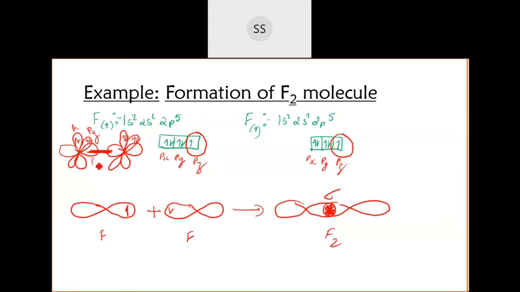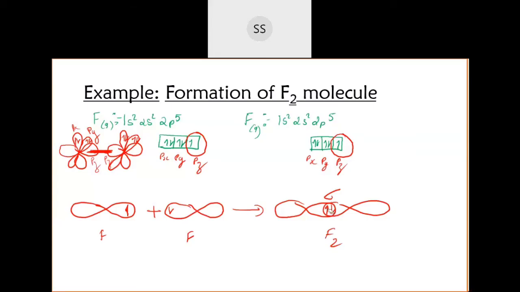This is the pz and pz orbital which we are able to get on the axis. See, I have put the electron sign here. You can put it, or you can shade it, that's fine, no problem. You just show the overlapping part. To make it more clear, I have put the electron.